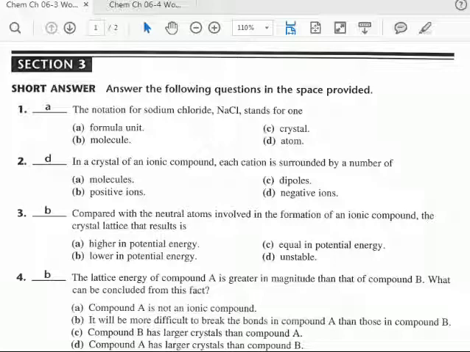And when you are more stable, it is more difficult to break the bonds that hold that compound together. So here the correct answer is B. It would be more difficult to break the bonds in compound A than those in compound B.